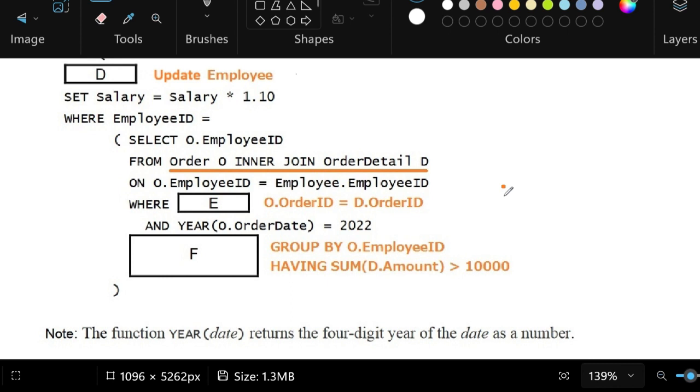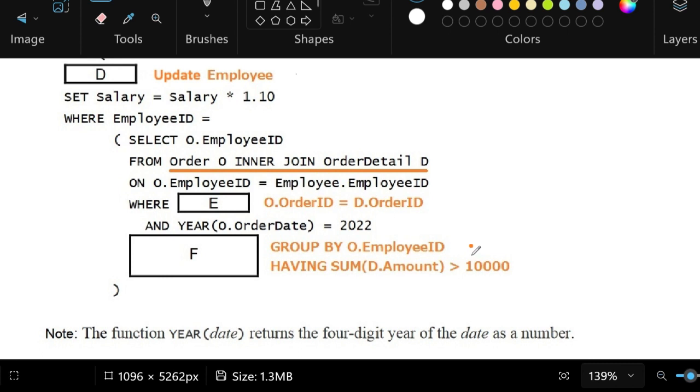And then we use the group by here because we gotta have the employee identified, of course, and the amount that he has sold.